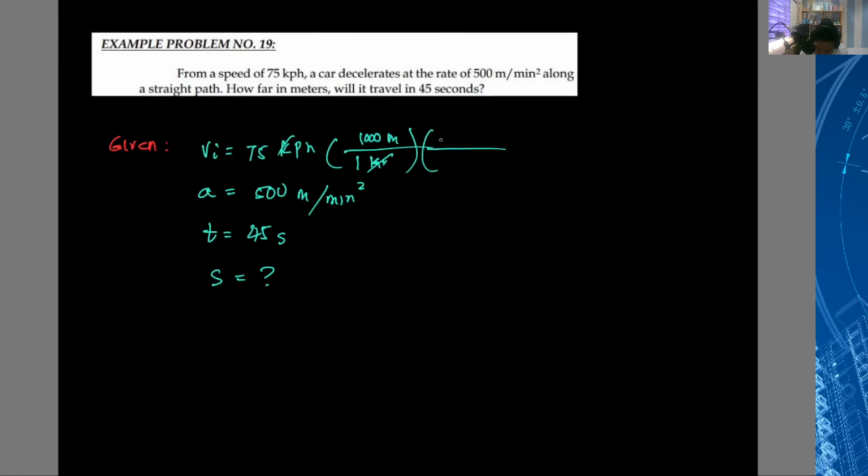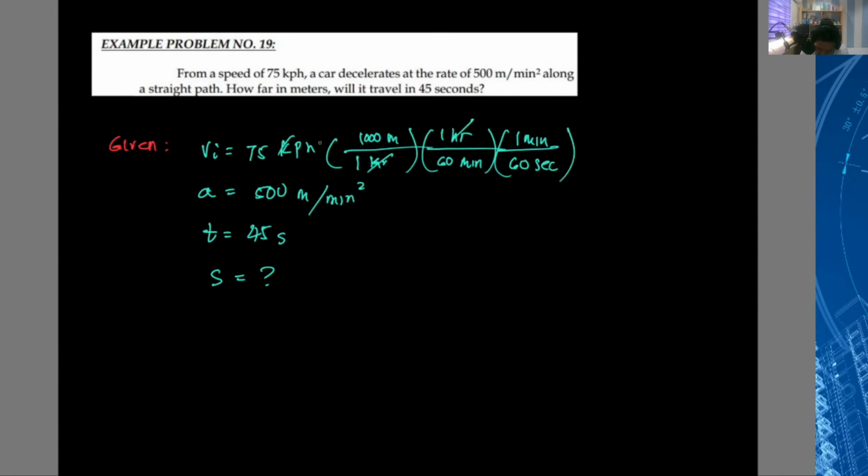For us to be consistent with our units, we will convert this into meters per second. Kilometer is equal to 1,000 meters, so cancel kilometer here. Next is hour. 1 hour is equal to 60 minutes, and 1 minute is equal to 60 seconds.